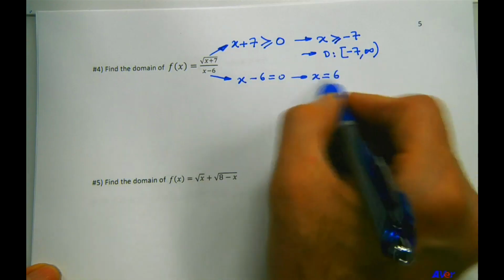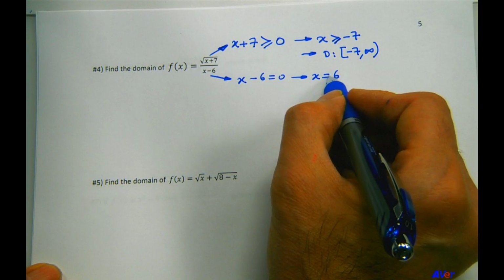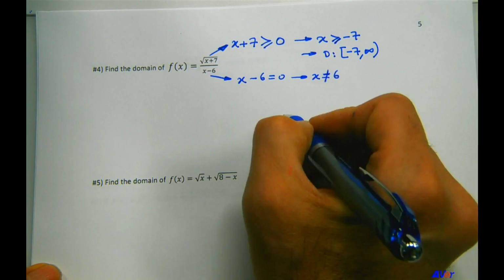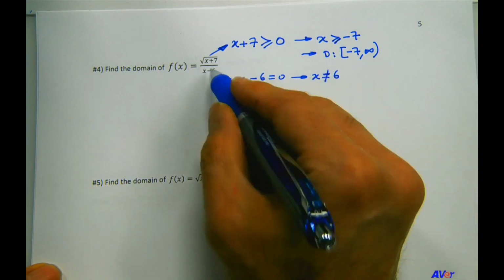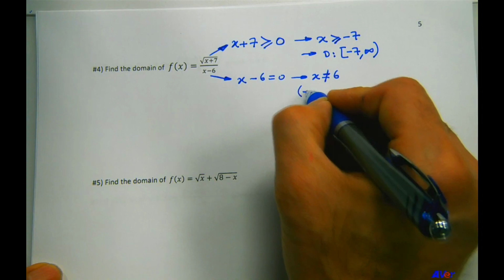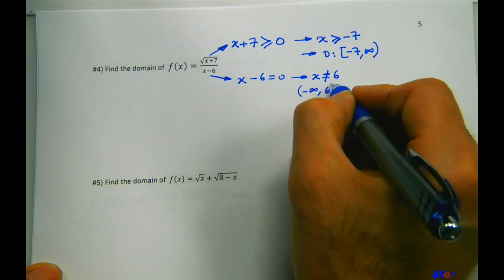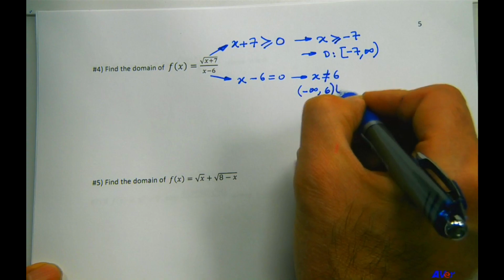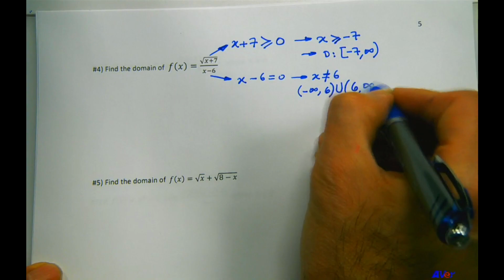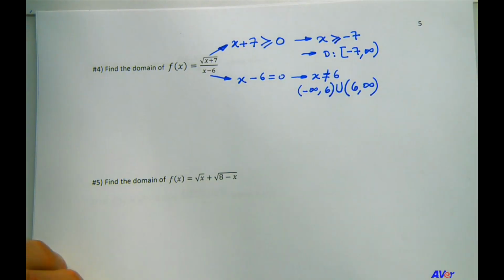So we found a value that x cannot take, right? x cannot take that value because it will make this denominator 0. So what is the domain of the denominator? It is negative infinity to 6, parenthesis, union, parenthesis, 6 comma infinity. Okay? That one number splits the real number line into two pieces.